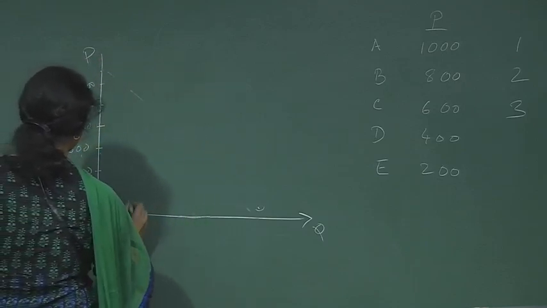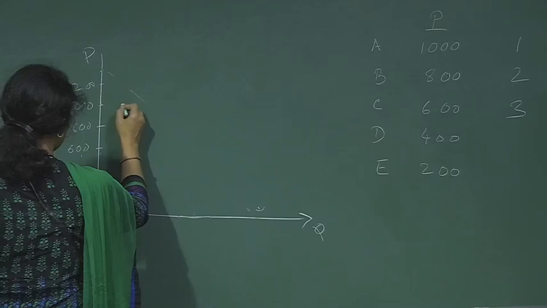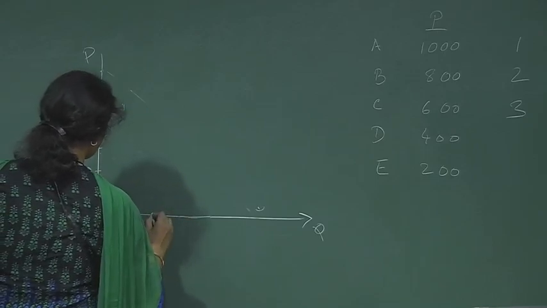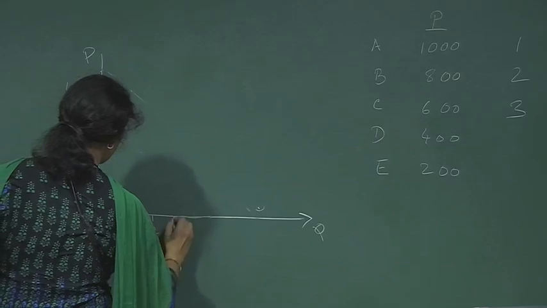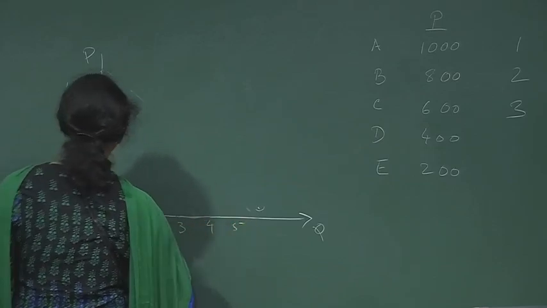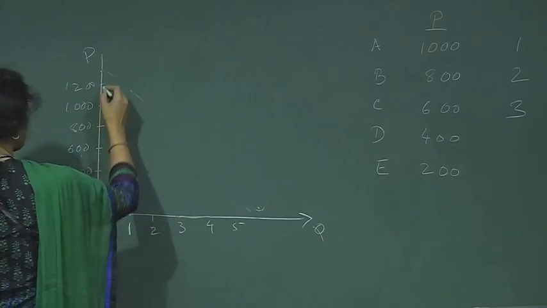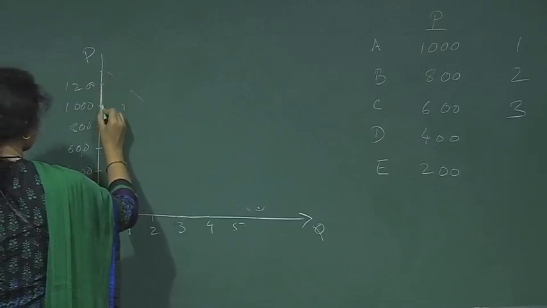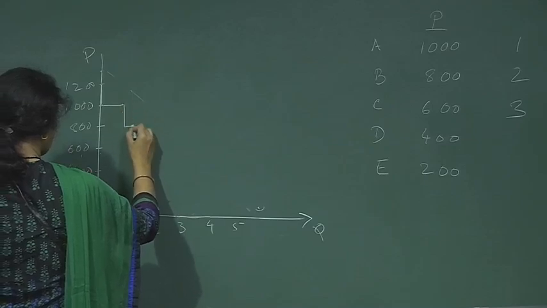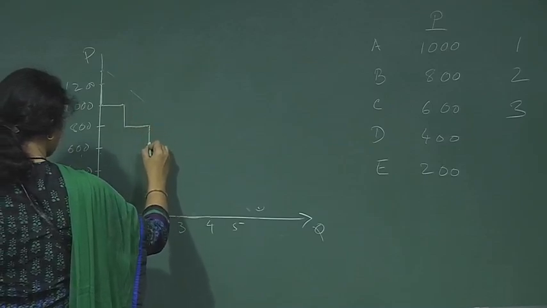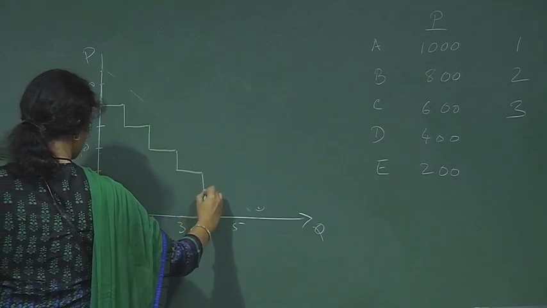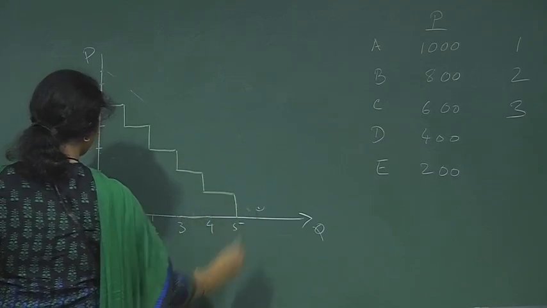So when it's 100, 1 t-shirt will be sold. 2, 3, 4, 5. So basically it is 0, then 1 t-shirt will be sold, and here 2 t-shirts will be sold, 3 will be sold, 4 will be sold, and 5 will be sold.